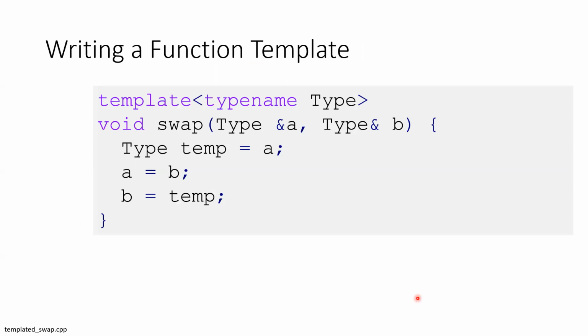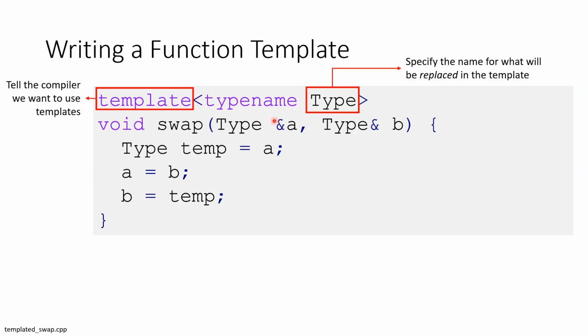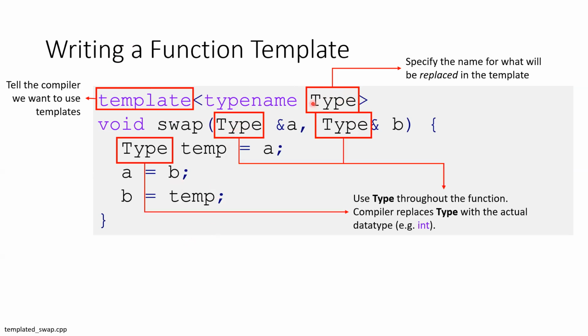And this is how you will write it as a template. The first line tells the compiler that you want to use templates using template, and you define a typename type. So this type will be replacing the type that you had before, such as integer or double. And then you write the function where you are replacing the int, the double, with type.